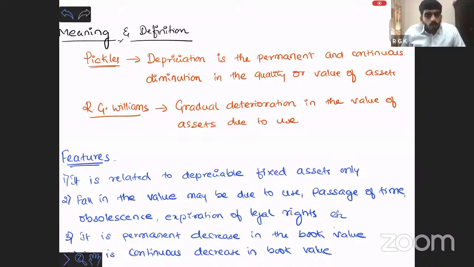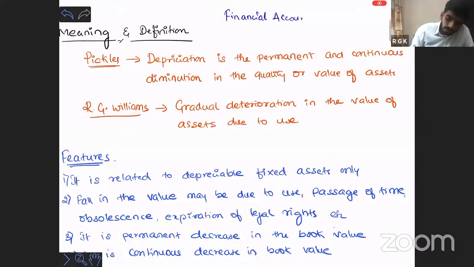Again, whatever you feel is important, you just take down. And the standard reference material for your accounting is Financial Accounting 1 by Professor Karunakar Nayak.